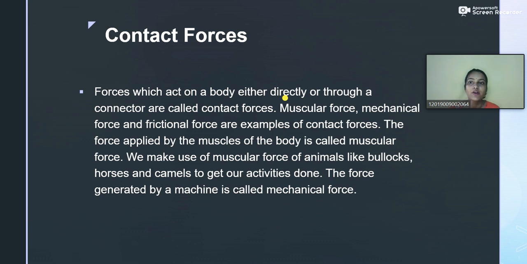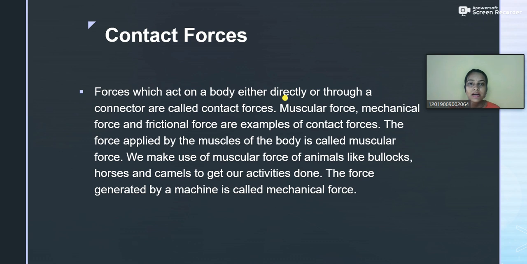The muscular force. We make use of the muscular force of animals like bullocks, horses and camels to get our activities done. For example, we have seen in villages cows and buffaloes working in the irrigation fields, and it helps the farmers. So these animals also help the farmers by this muscular force to get our activities done.